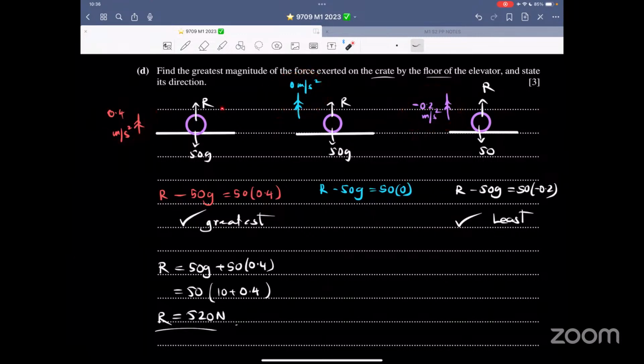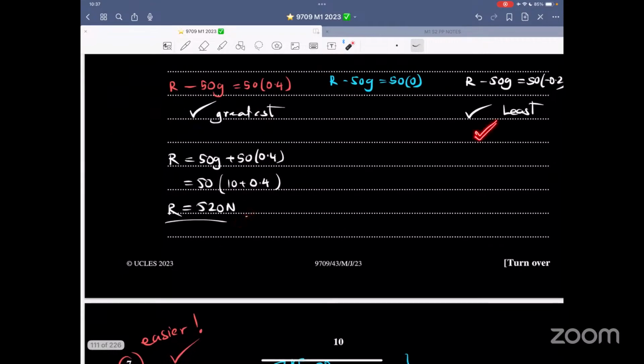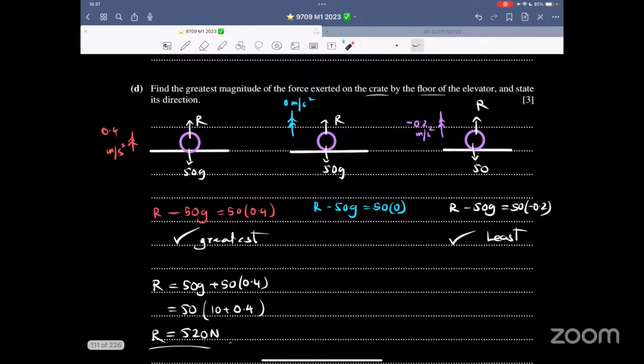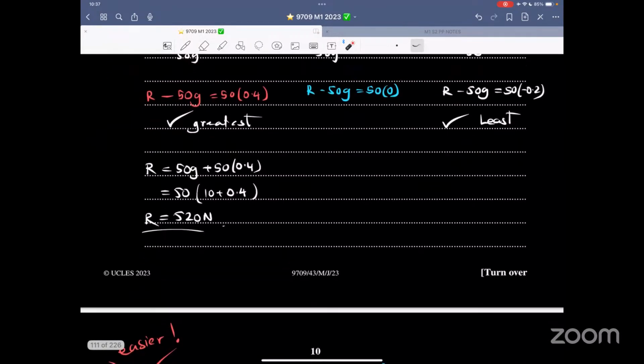The left-hand side of each is the same, R minus 50g. That equals mass into acceleration. Over here acceleration is positive, over here it is 0, over here it is negative. The first one gives me the greatest value. If they would have asked for the least value, the last one would be the answer. So a very, very nice question.